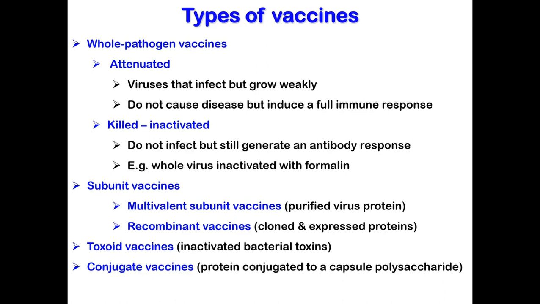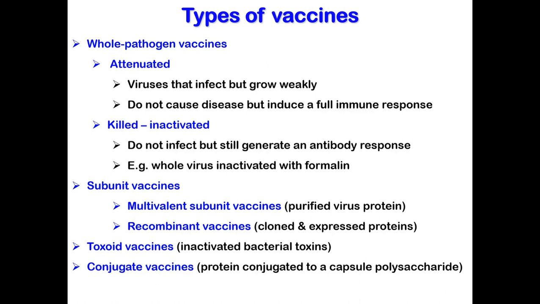And the next type of vaccine we're going to talk about are the toxoid vaccines. So these are inactivated bacterial toxins. So like the subunit vaccines, the toxoid vaccines don't incorporate a whole pathogen, they just contain the inactivated bacterial toxins.